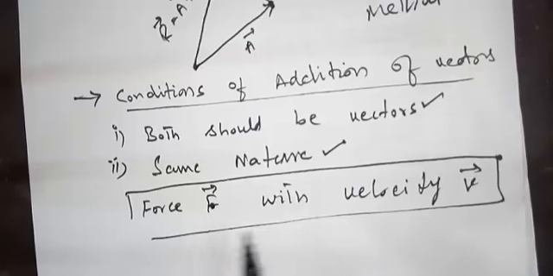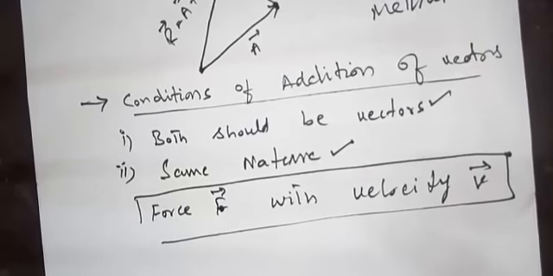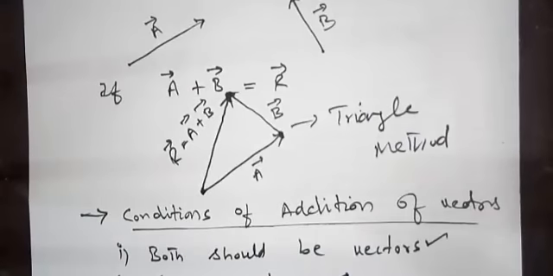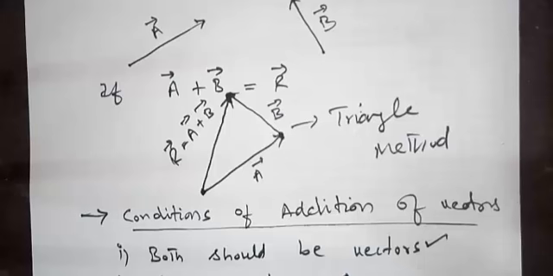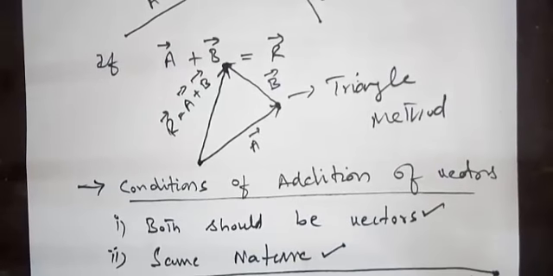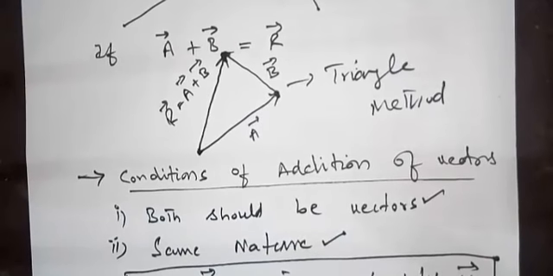Okay, I think you got this concept of vector addition. We will come with the next video on vector addition, with the parallelogram method or some other addition problems, so that you can get better knowledge of vector addition.